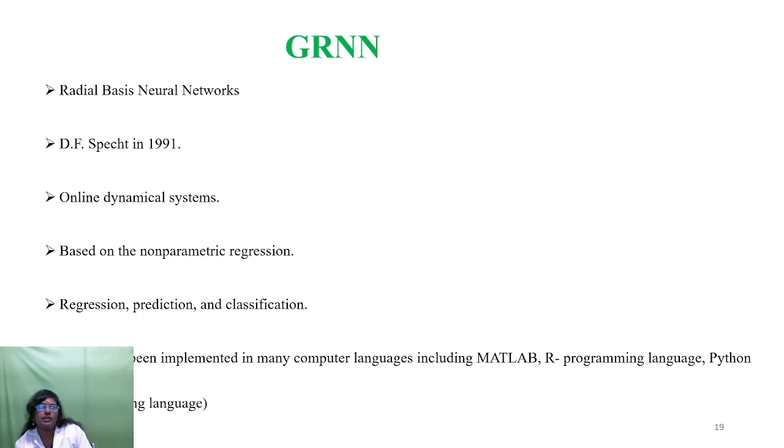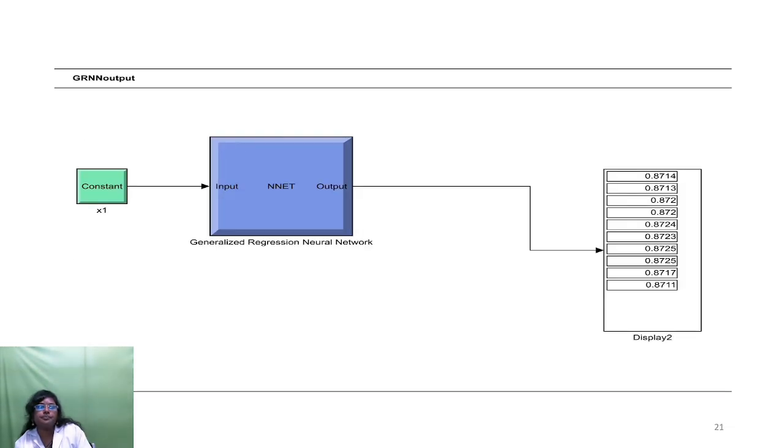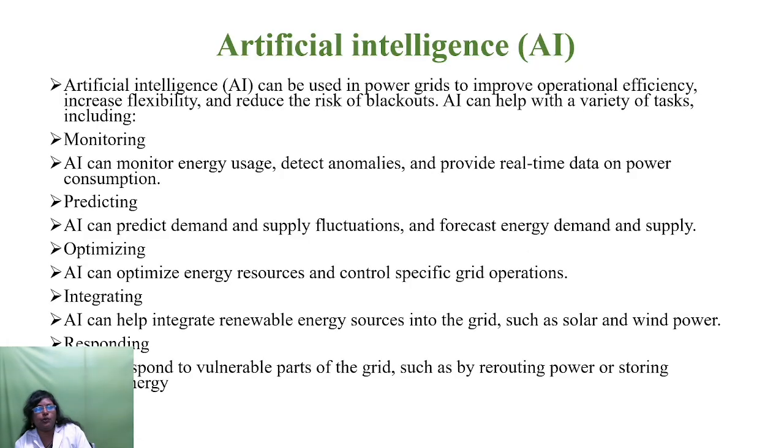Next, we saw the GRN, generalized regression neural network model, how it is implemented in the MATLAB software, and what the advantages of the GRN network are. And we can see this simulation diagram using the AI generalized regression neural network.